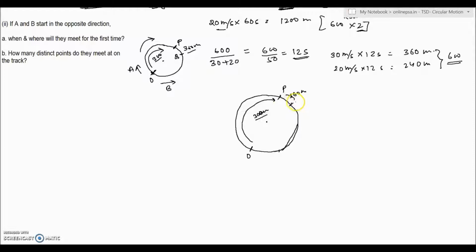Now I'll ask you to divide this 300 meters into 5 different divisions. I'll tell you why. So we name them P, Q, R, S, T. The divisions are not very scaled, but they are all 60 meters each.